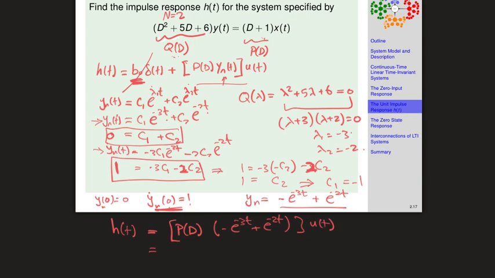Now let's apply that polynomial, which is the first derivative plus 1, to minus e to the minus 3t plus e to the minus 2t, and the whole thing is multiplied by unit step of t. Now let's apply the derivative. When you put the 1, you just get the same term, so that's minus e to the minus 3t plus e to the minus 2t, right?